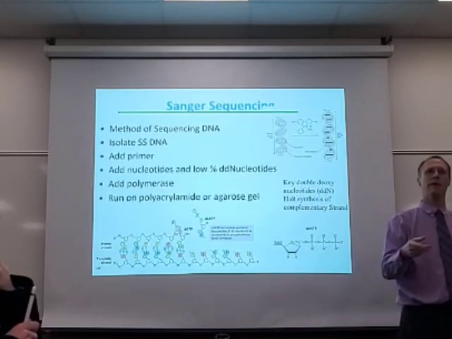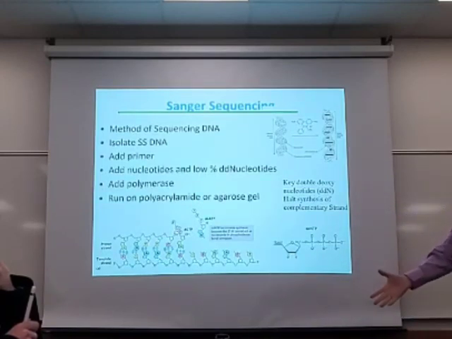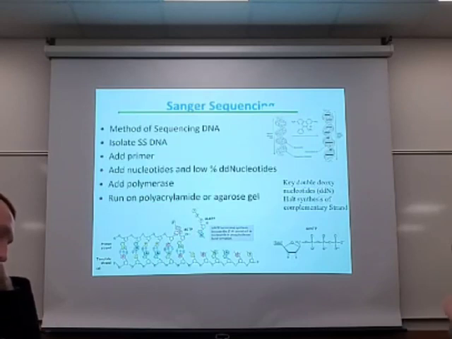Why would that be a big deal if I were using that with a polymerase to extend a chain? The 3' oxygen has to act as a nucleophile for the addition of the next subunit. Right. It's where I'm adding the next base pair, the next nucleotide. It's going to go right there. And if it's missing, it cannot extend the chain.